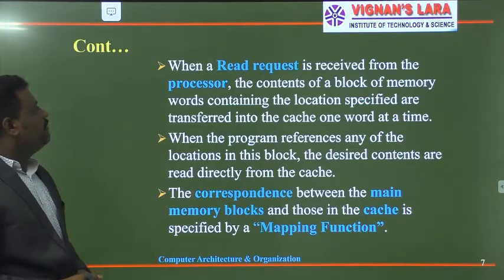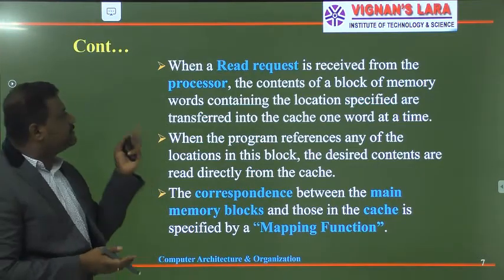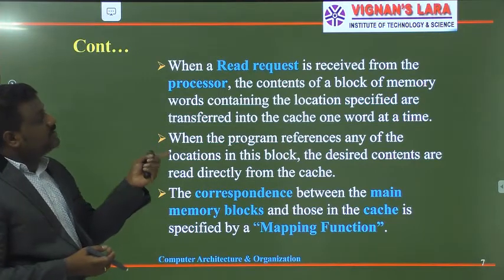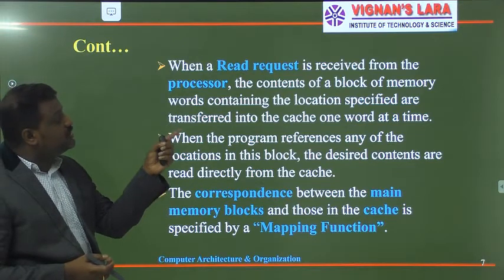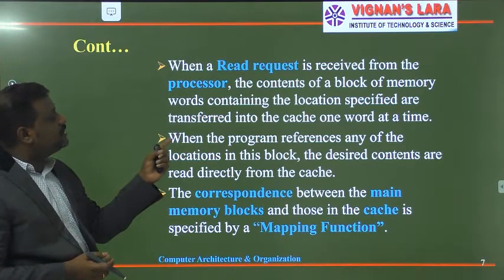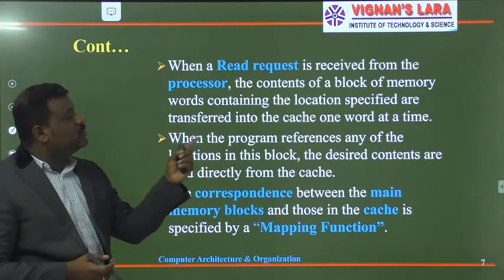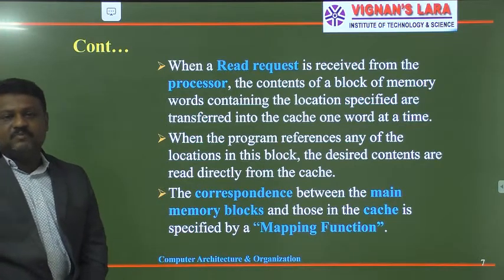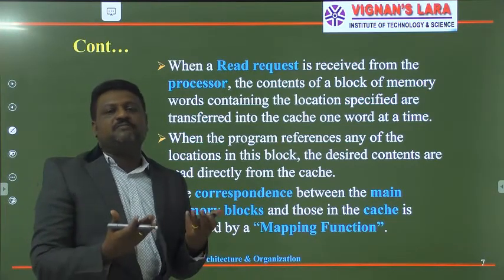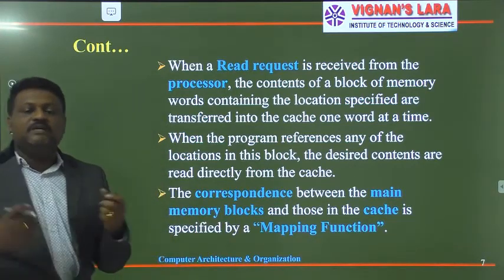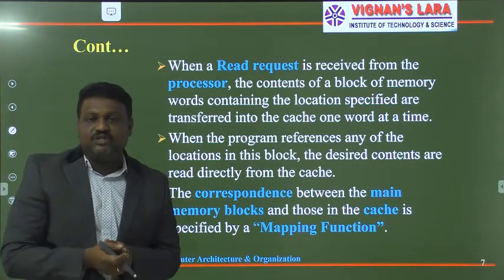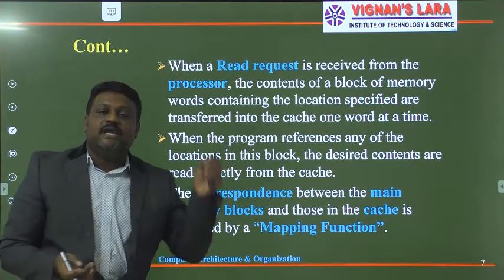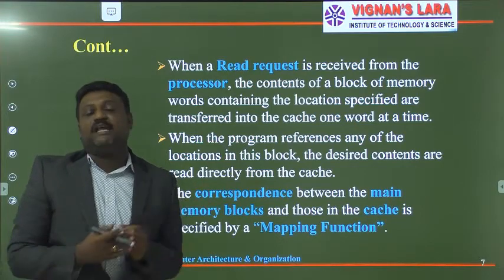That you have to keep in your mind. When a read request is received from the processor, the contents of a block of memory words containing the location specified are transferred into the cache one word at a time. Whenever your processor issues a request for a word to the cache, the cache memory goes and verifies all its lines.